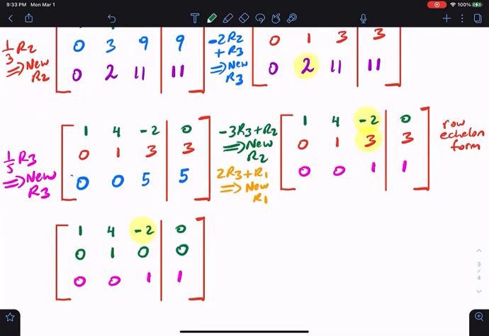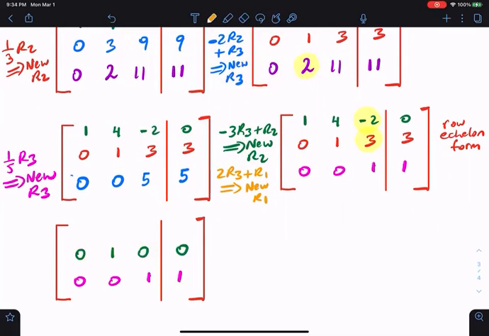Okay, that's nice. Now I need to get rid of that -2. So what's changing is the first row. I'm going to erase the first row here and let's compute that.